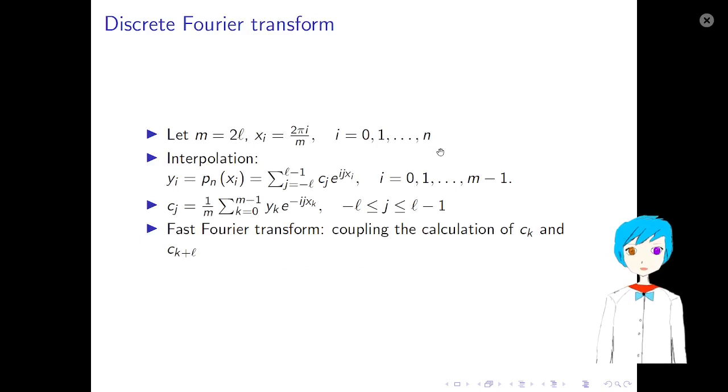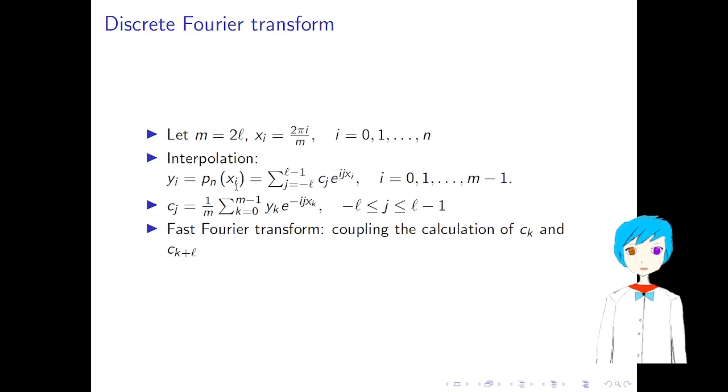So finally, we also have the discrete Fourier transform if we are using the complex basis functions. Let m equal 2l. Then suppose we have n plus 1, or m, data points xi, yi.